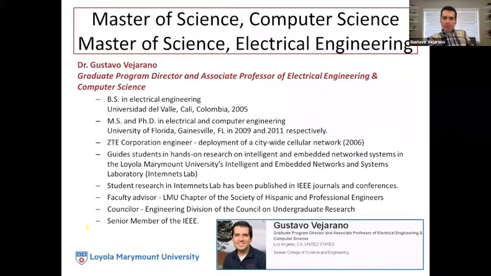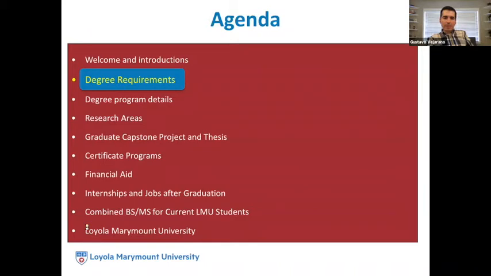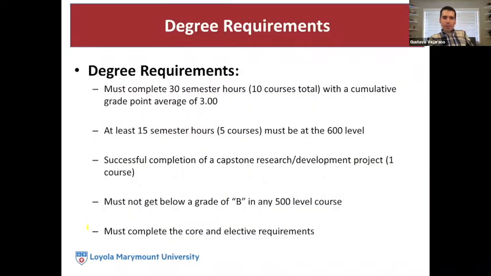Great. So let's move on to our next agenda item, the degree requirements. The program consists of 30 units. 1 unit is 3 hours of instruction per week, plus 6 hours of homework assignments. And 1 course is 3 units.